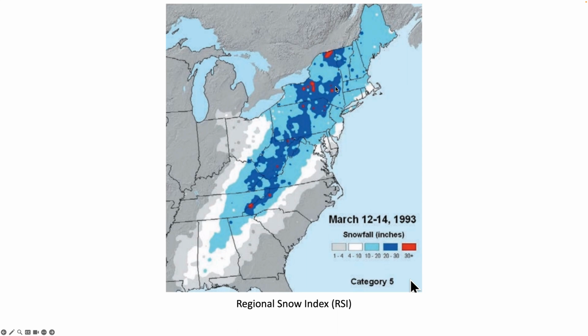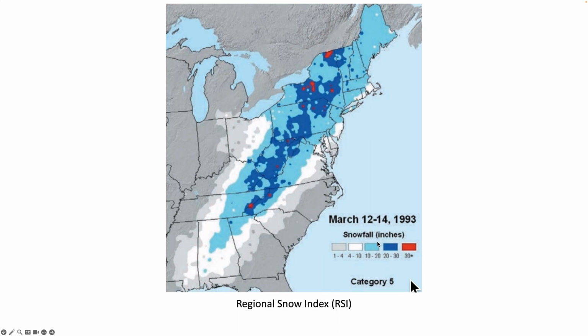After the storm ended and pulled off, the northerly flow behind the storm actually caused lake effect to occur. And Syracuse, which is right about here, ended up getting close to 4 feet of snow between the main system and the lake effect when you put it all together. So it really was an historic storm that impacted a huge number of people, and it also impacted an extremely large area.